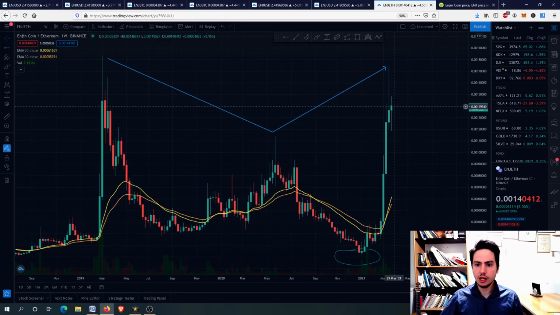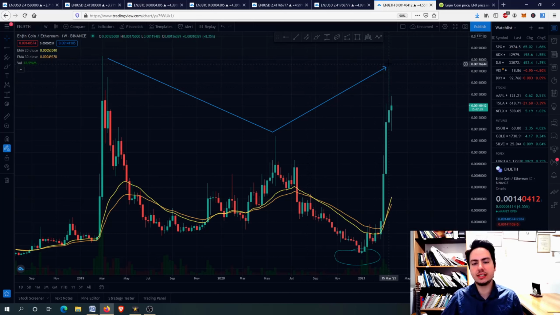So here we might see a drop down according to the historical data. Of course there is a high risk involved, however this might not be the case. We might surpass the previous all-time highs for ENJIN against Ethereum in the long term. I trust ENJIN coin, don't get me wrong here, I trust ENJIN coin in the long term, but I always want to mention the risk in the short term.